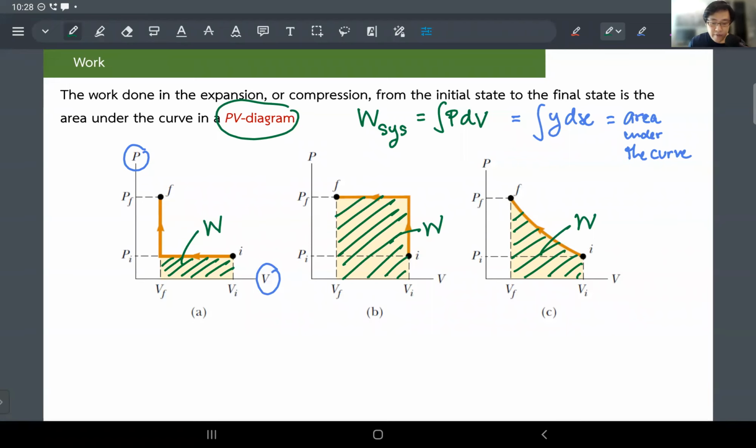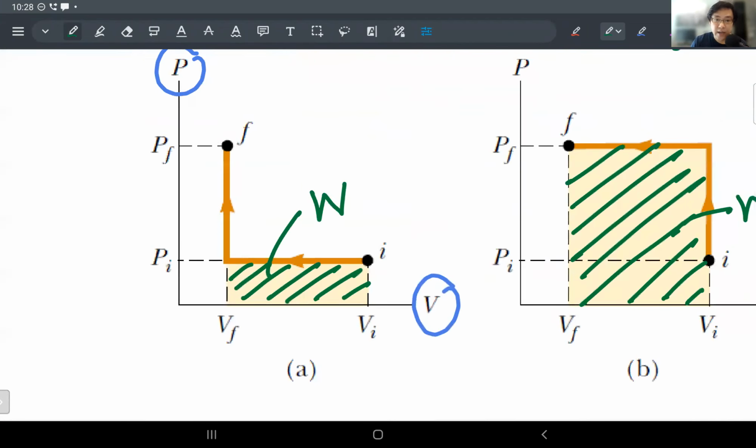Second, if I'm asking you a simple question, let's take a look at figure A. If you start from here, the initial point, and now you compress the gas along this line, come to this point, and then you increase the pressure without changing the volume, and then you end up here. Do you think the work done by the system is supposed to be positive or negative? What do you think?